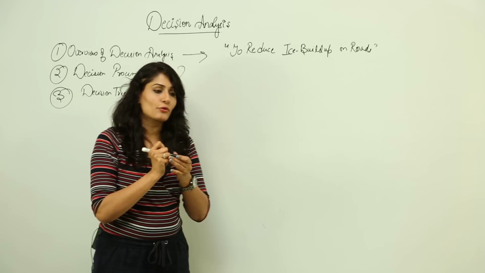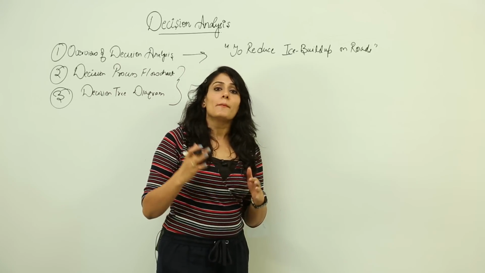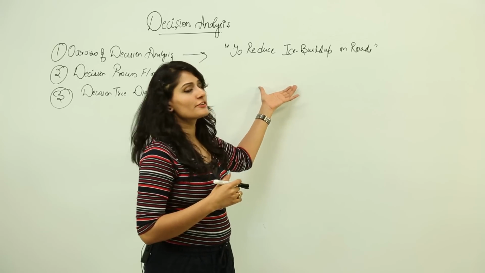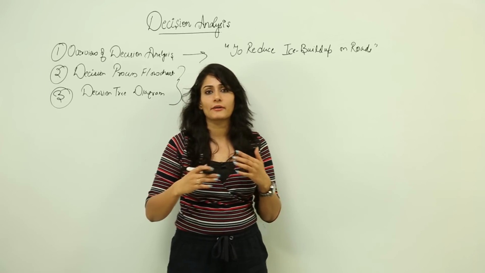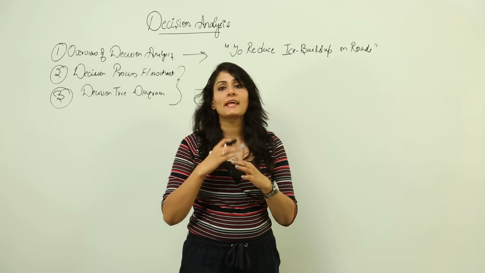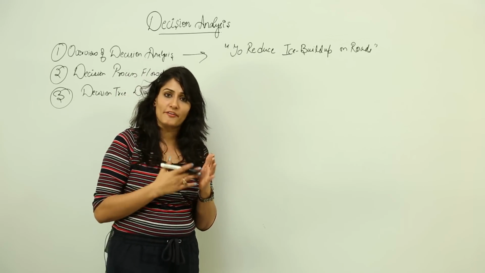Now since I told you that decision analysis is a structured way, they cannot take random decisions, plus they are taking certain decisions which have an impact on a very large amount of population, on their health and their life, right. So they have to take very structured decisions which are backed by data, which are backed by facts.